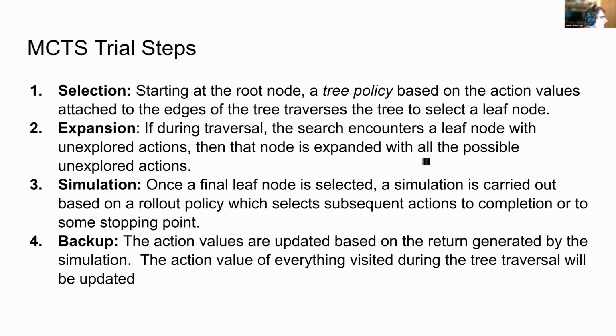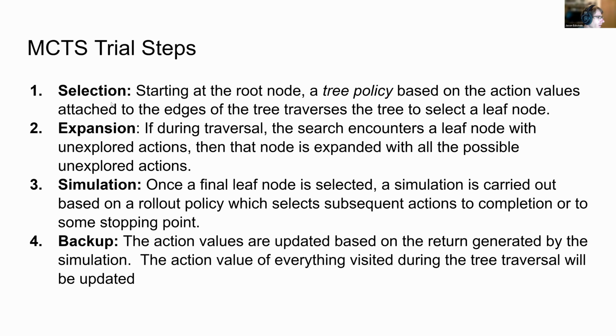So, I think I already talked about these steps of how the algorithm works. We start at the root node, and then eventually when you get to the bottom, if you reach a node that hasn't been explored, you have to calculate a value, usually through a simulation, and that simulation could be a rollout of a random policy.